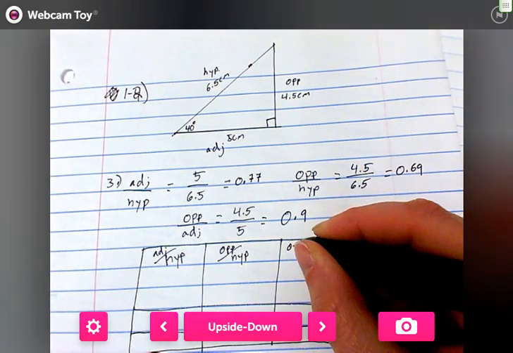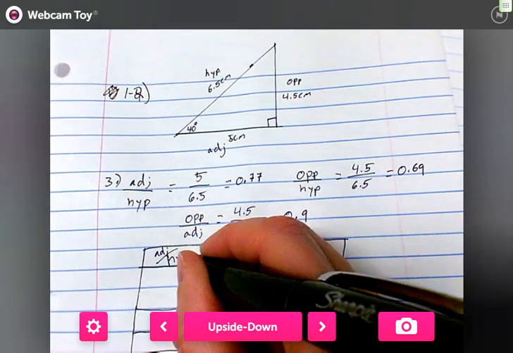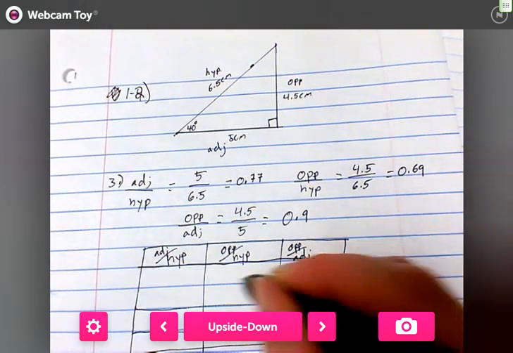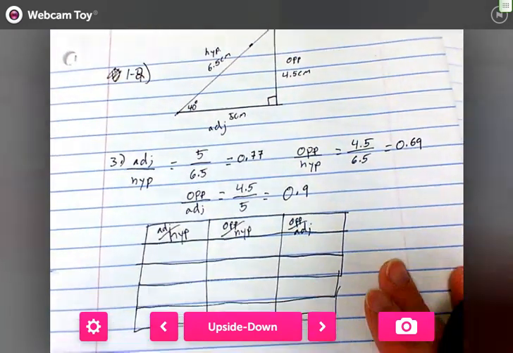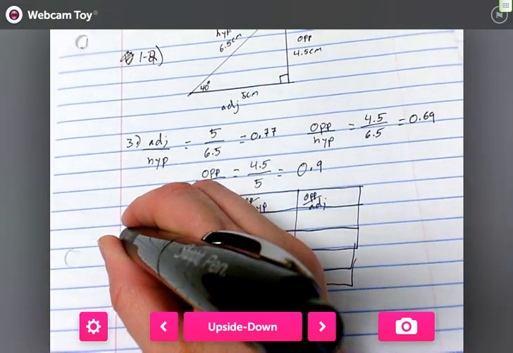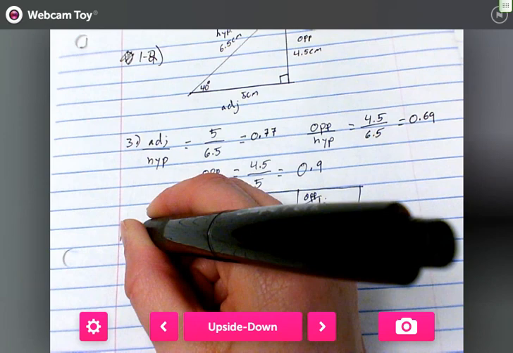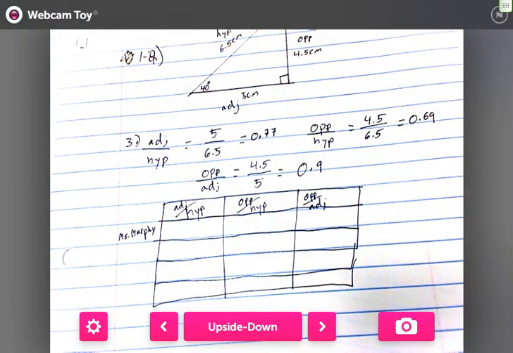And this is going to be opposite over adjacent. This is going to be me, so this is Miss Murphy. And then you're just going to label everybody in your group and write down what theirs is. Everybody should have a different triangle.